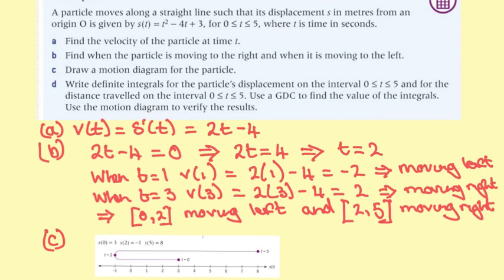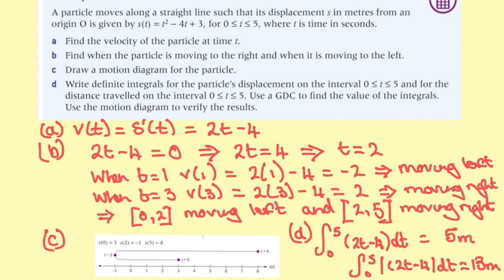Part D. Write a definite integral for the particle's displacement on the interval between t is 0 and 5, and for the distance travelled on the interval between 0 and 5. Then work out the displacement and the distance travelled using a GDC.